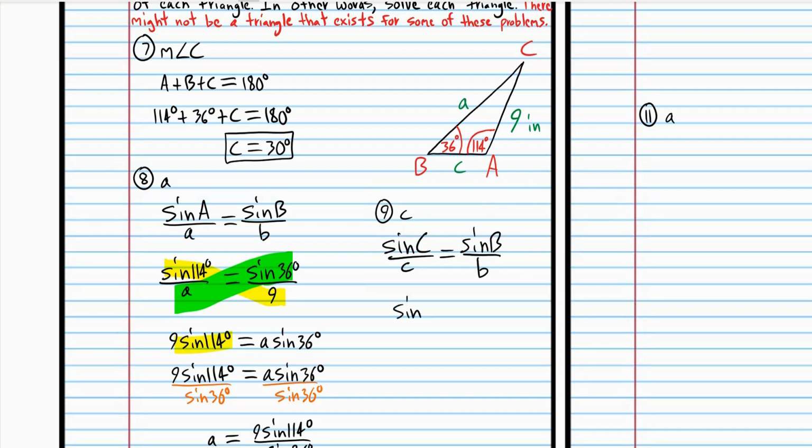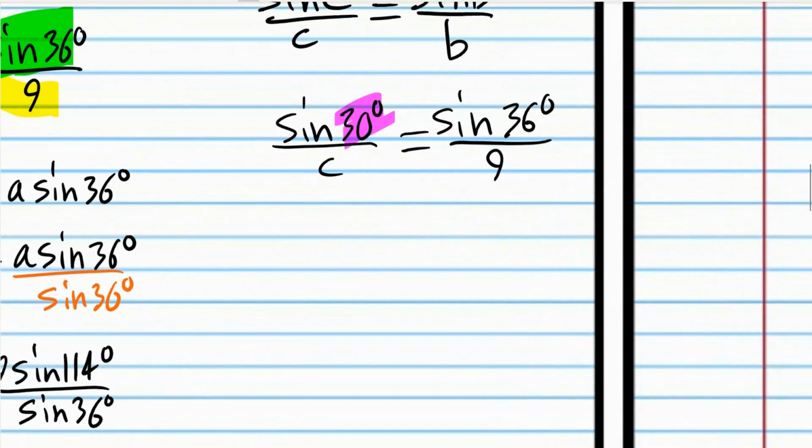So the measure of angle C we found, that's that purple angle up there, and the length of side C is what we're looking for, and the measure of angle B we're given in the problem is 36 degrees, and the length of side B is 9 inches. We're given that in the problem.